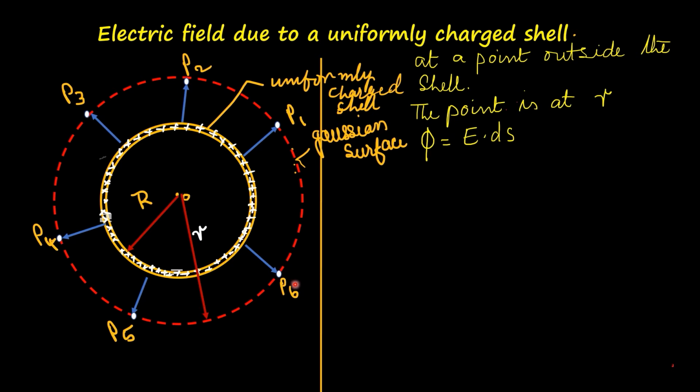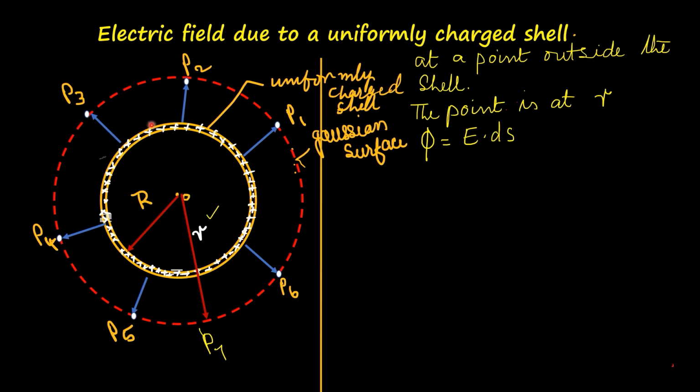Hence, the electric flux also will be the same. For the purpose of further explanation, I will add a point P7 at this point where I have marked small r from the center of the shell. You might wonder why we are considering this small r distance rather than the distance of the point from the shell. You will automatically understand that when we finish the derivation.